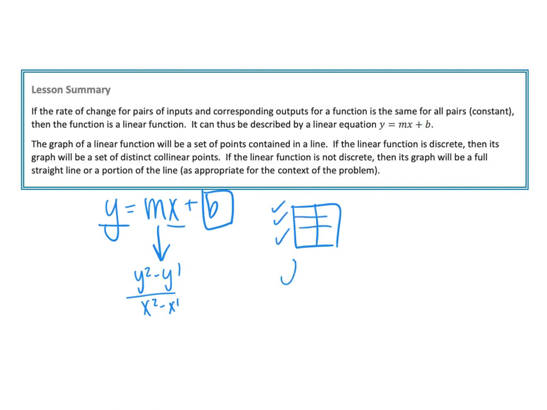And if it does, then it's linear. It's a linear function that follows a straight line pattern on our graph. Okay? If even one of our rows doesn't work, then it's nonlinear. We can explain how our graph looks by talking about where our y-intercept is and what our slope looks like. Okay? Let's move on to our exit ticket.